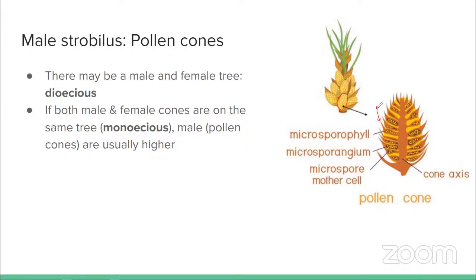Those are our microsporophylls. Phyll tells us it's the leaf. Okay. Almost anytime we see a phyll, we should be suspecting it has something to do with a leaf or at least a plant. And here we see the microsporangia, so those small sacs are the mother cells that are producing the spores. So that is what we would see if we cut one of these pollen cones in half.